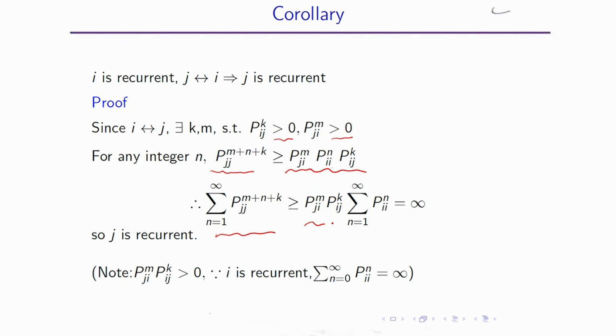So P_ji^m and P_ij^k, we can move them outside of the summation because they have nothing to do with n. And for P_ii^n, because i is recurrent, the summation must be infinity. So overall, the right-hand side is infinity, so the left-hand side must be infinity. So we know that j is recurrent.